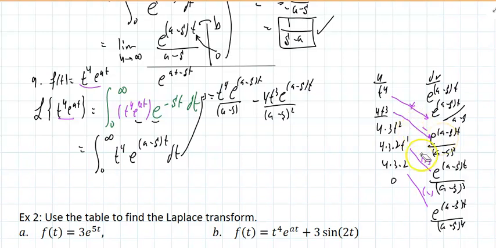I missed one. This one, plus 4 times 3t squared e to the (a minus s)t divided by (a minus s) cubed.